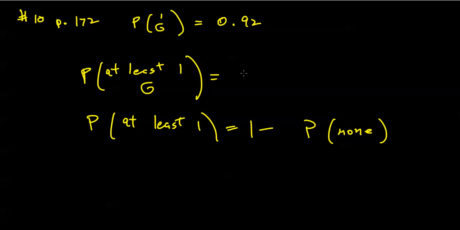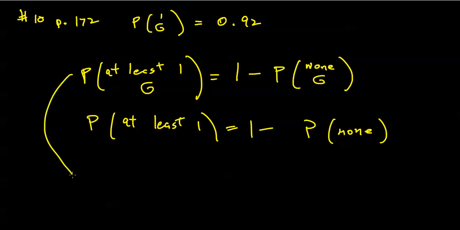Well, the probability of at least one good in this situation is going to be 1 minus the probability that both are bad. Well, let me write it down here. I'll say it's none good, right? The probability of at least one good is 1 minus the probability of none good. Okay? Alright, I claim that's, well, the probability that none is good, that's the probability that both are bad. If none are good, that means both of the calculators are defective or bad.